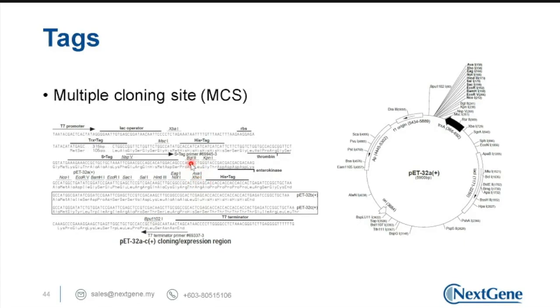The sequence of the vector from NcoI until XhoI, this particular middle part, will be gone. So starting from NcoI, we continue with our coding sequence straight away until XhoI, then continue with the His tag.